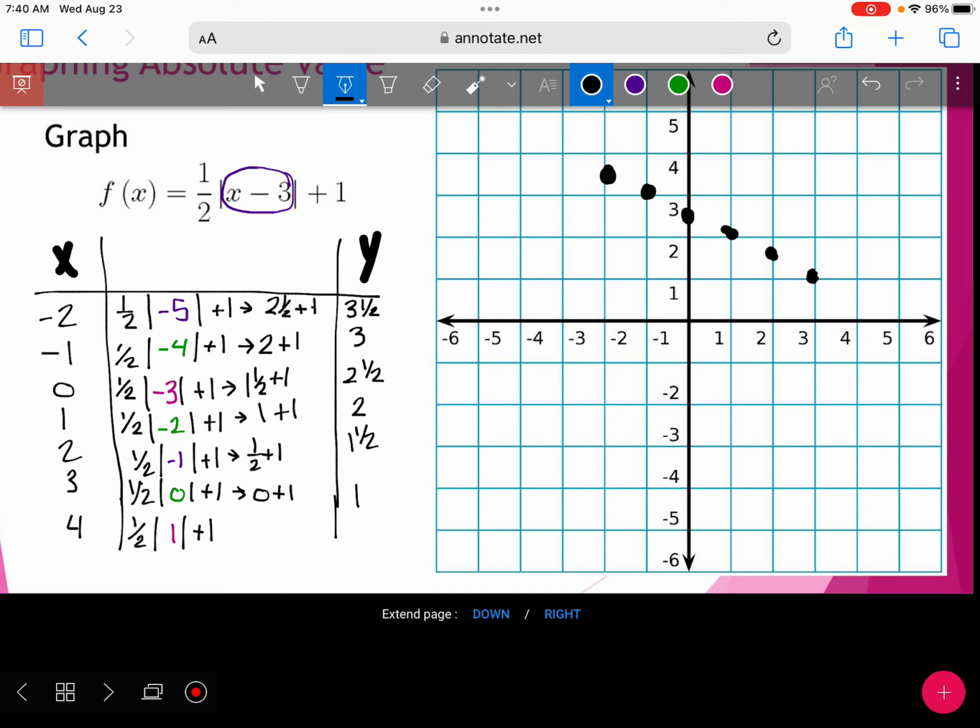So the absolute value of positive 1 is 1. 1 is 1 step away. 1/2 times 1 is 1/2 plus 1 still. 1.5.